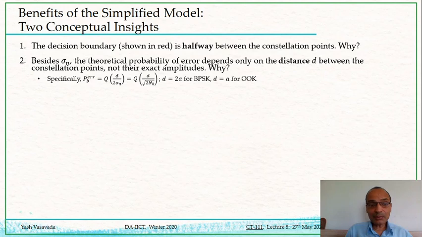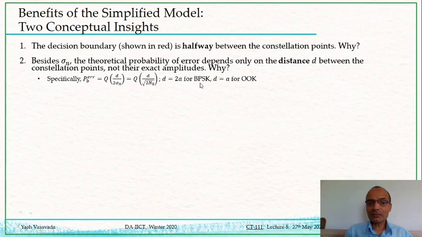And specifically, the probability of bit error can also be written as Q function of the distance between the constellation points divided by 2 sigma n. Or alternatively, because sigma n we have seen earlier is equal to square root of N naught divided by 2, it can also be written as Q function of d divided by square root of 2 N naught.